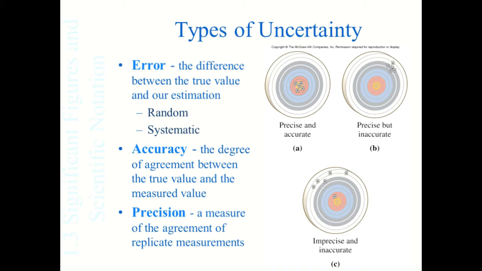Mostly up in here, but there's some down here. So this experiment had neither precision nor accuracy, because I didn't hit my target, and my numbers are all over the place. So we can just pretty much scratch that experiment and start over.